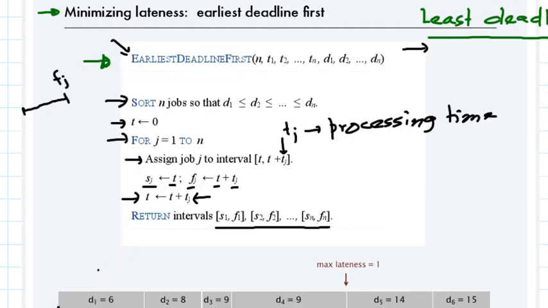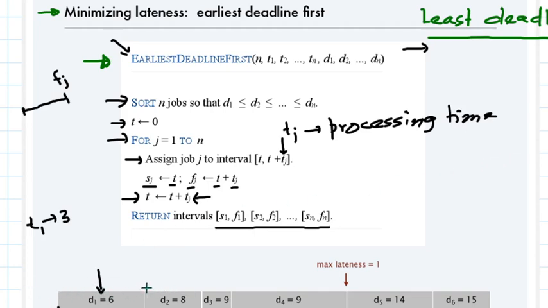So job 1, with deadline 6, is processed first. T1 has processing time 3, maybe 3 days. So you start your assignment first with this deadline-first algorithm, and by 3 days you are completing. But you have deadline 6, so according to our definition of lateness, we are not lagging behind.